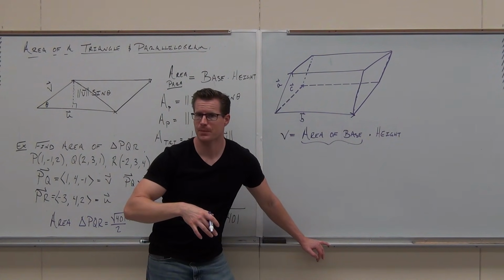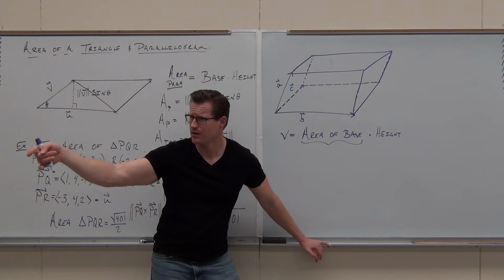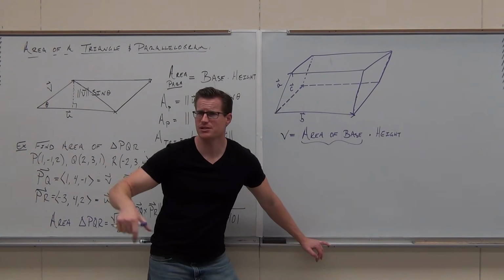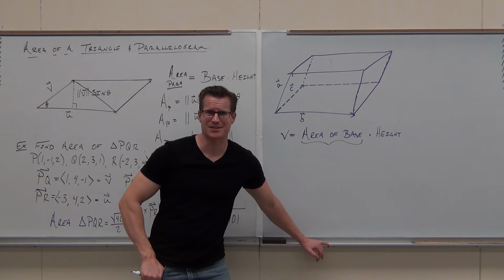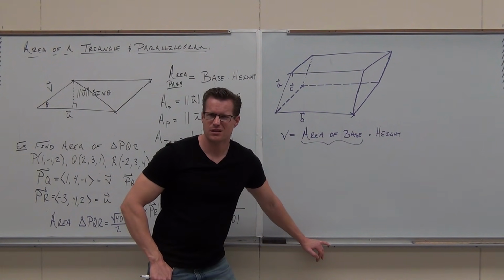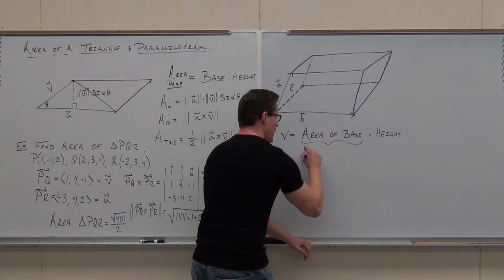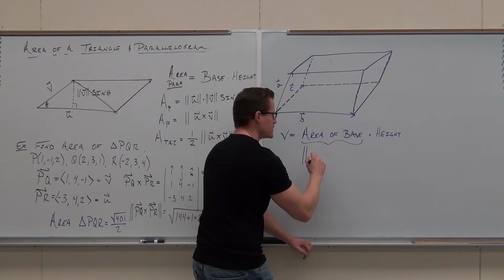It's the magnitude of cross. You are not as excited as you should be on this. This is pretty cool. We're putting everything together here, and you're going to see some neat stuff after this. Which two vectors would represent the parallelogram quickly? B and C. So this would be the magnitude of B cross C.